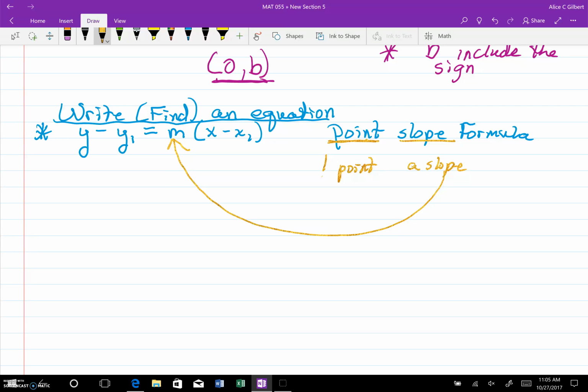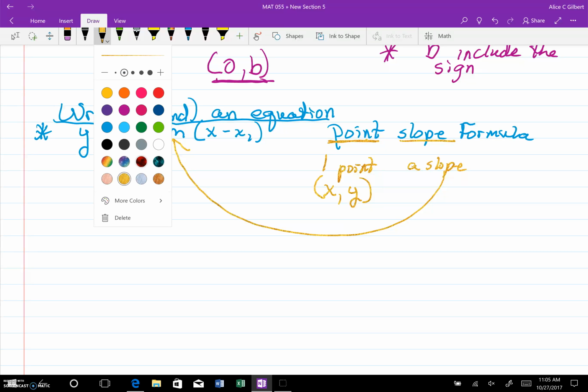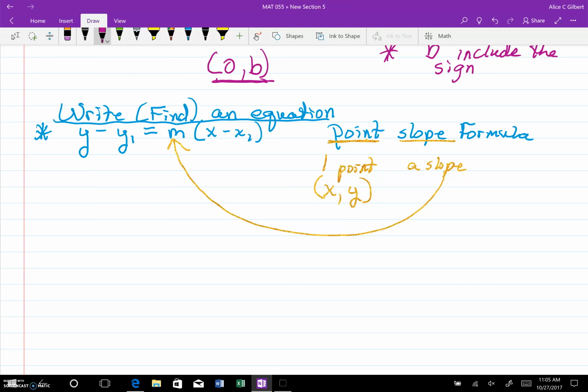And a point, every point is always 2 coordinates, an x coordinate and a y coordinate. Once we have it, the y goes in here, and the x goes in here, and we have everything we need to write the equation of a line. We will learn much more about that later.